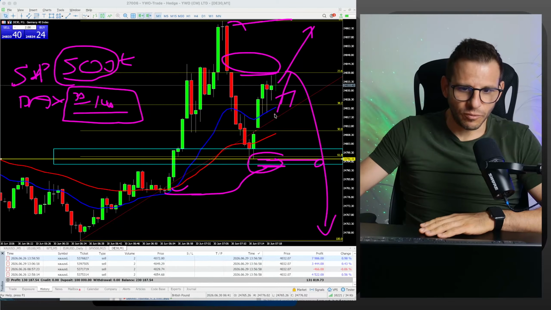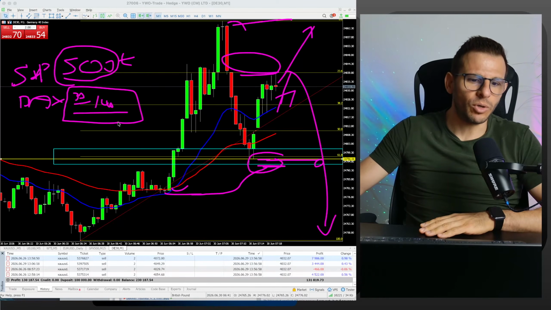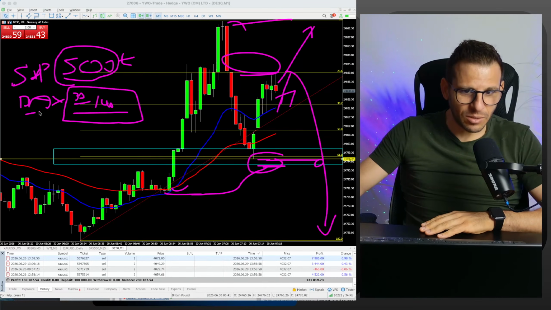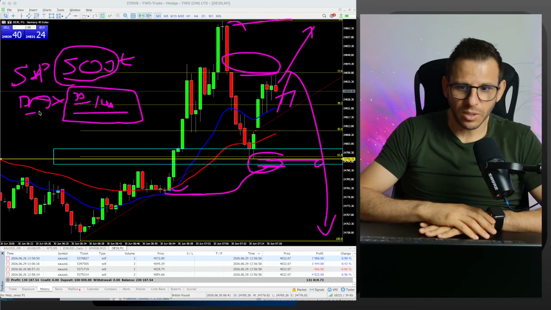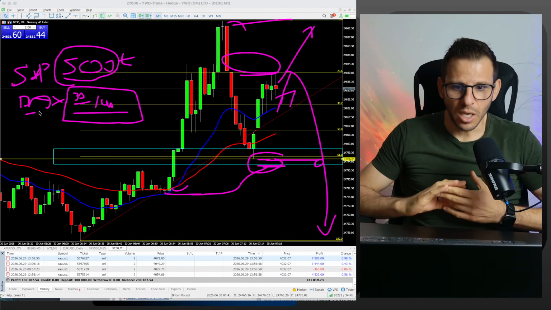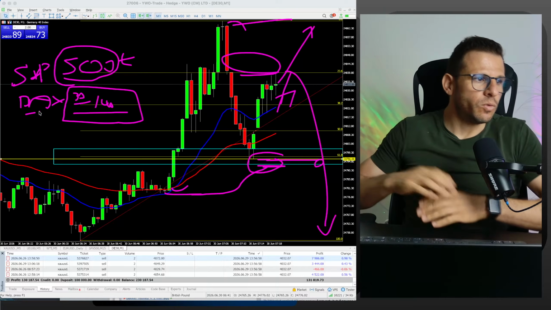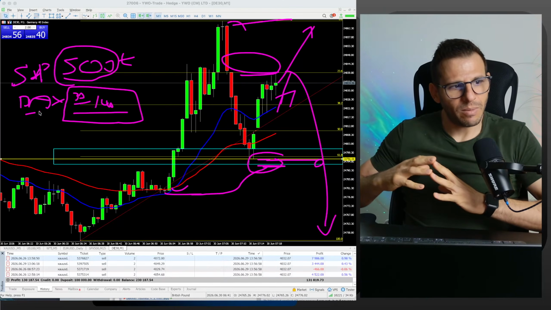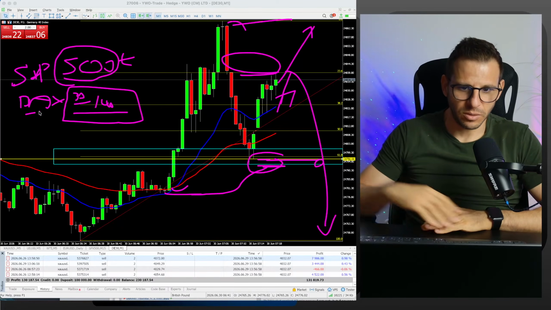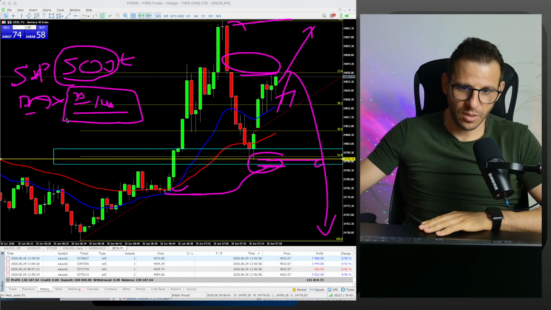So instead of trading, let's say, BMW as a stock, we trade the DAX, which includes BMW, and we have better chances of predicting the move, because all these stocks move collectively based on the index. So I explained in detail what the DAX is.